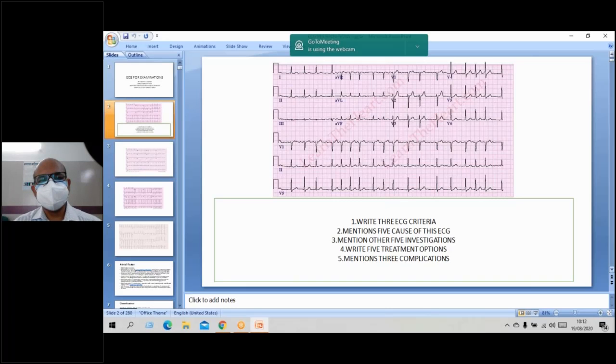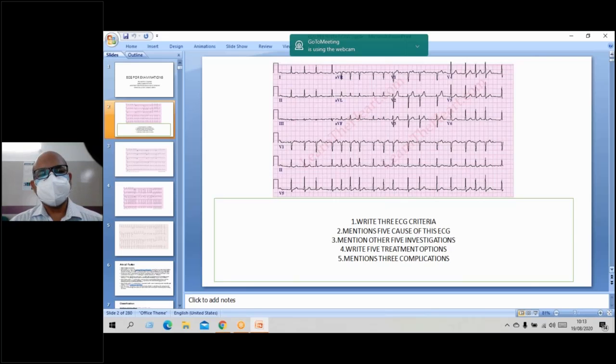Any student? Sir, the irregular RR interval. Irregular RR interval? Okay, very good. Another positive findings. So you will mention 3 positive findings. First of all, this patient has absence of P wave, which is replaced by fibrillatory wave.